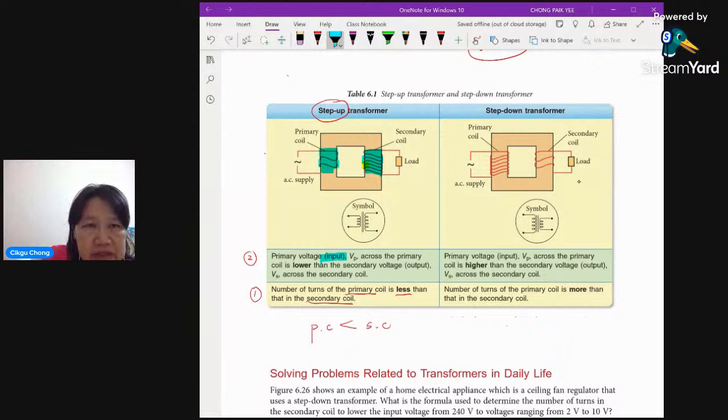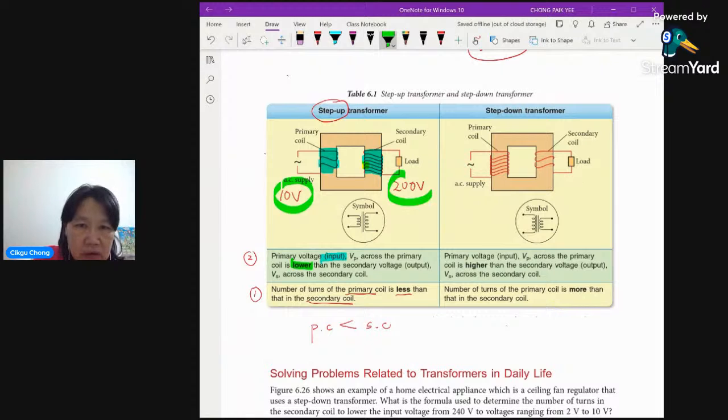Let's say this is 10 volts. Then after passing through the transformer, you will get, let's say, 200 volts. So the input across the primary coil will be lower than the secondary voltage, which is called the output. So this side less, this side more.